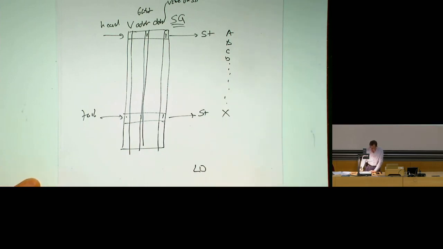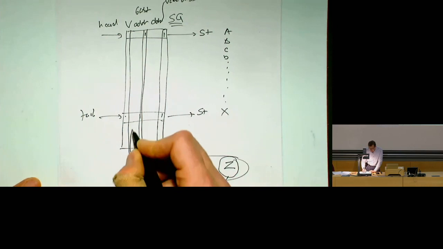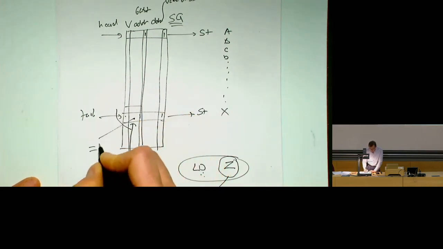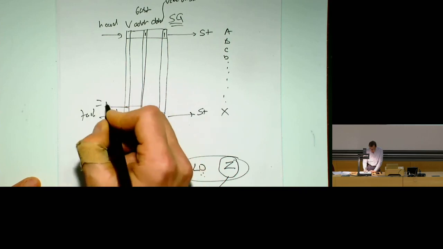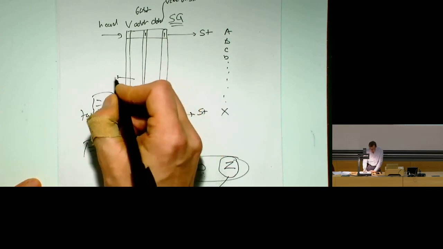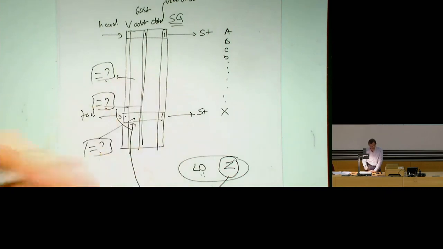And we have a load over here that computes its address. Let's assume that it computes an address Z. The key question is, where should this load get its value from? What it needs to do is compare this Z to all of the addresses over here. So for each entry, you need to have a comparator, right? That sounds terrible already. It's going to become more terrible. And this is a 64-bit comparator, assuming your address is 64 bits.